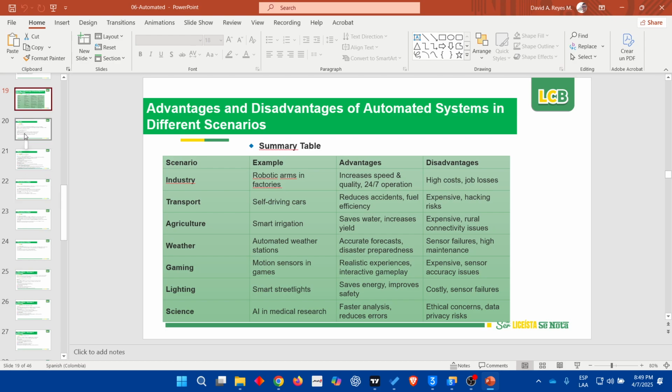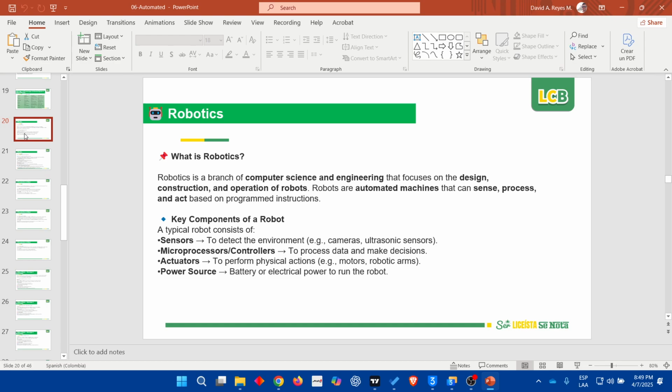Okay, so let's continue with slide number 20. Robotics. What is robotics? Robotics is a branch of computer science and engineering that focuses on the design, construction, and operation of robots. Okay, robots are automated machines that can sense, process, and act based on programmed instructions.